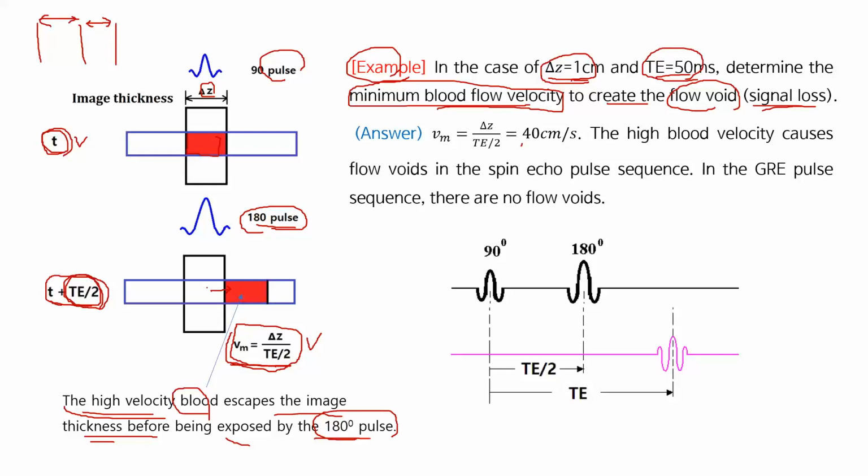We can have 40 centimeters per second velocity of the blood flow to give the flow void effects. The high blood velocity causes flow void in the spin echo pulse sequence. But in the GRE pulse sequence, there are no flow voids because in the GRE pulse sequence, we do not use a 180-degree pulse.